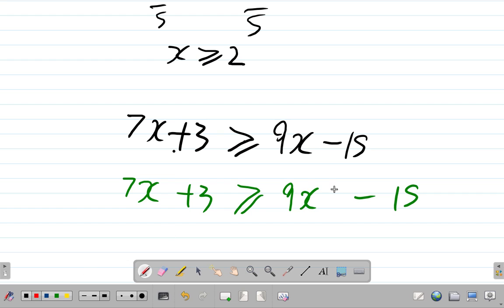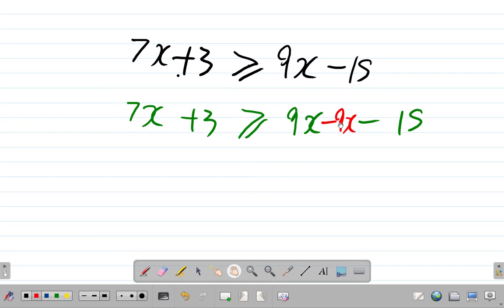But I want to subtract the 9x from the right, because I don't want any more x over to the right. But now that I subtract from the right, you know what I should do? I should subtract from the left as well. So a minus 9x from the left as well.